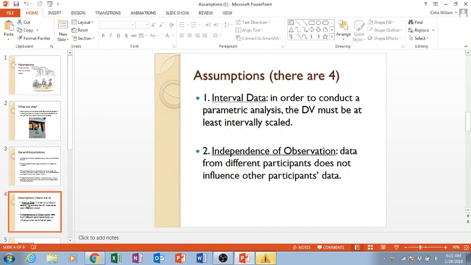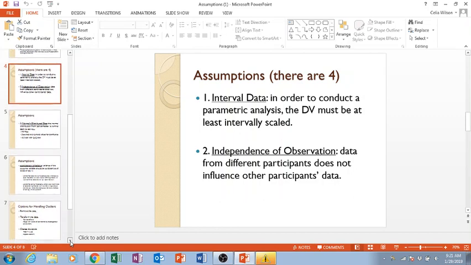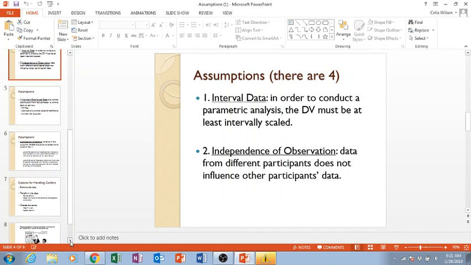All right, and we're going to go through these here, and then we're going to practice them, and then we'll look at some write-ups, because even if we understand the assumptions and how to check them, it can be a little tricky when we start to put it into paragraph form. Quantitative writing, quantitative reports, on the good side, are very formulaic.